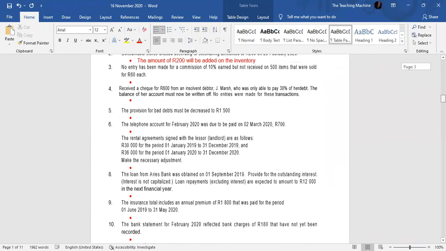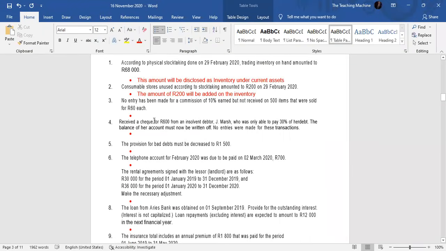Let's look at number 3. No entry has been made for commission of 10% but not received on 500 items that were sold for 60 rands each.